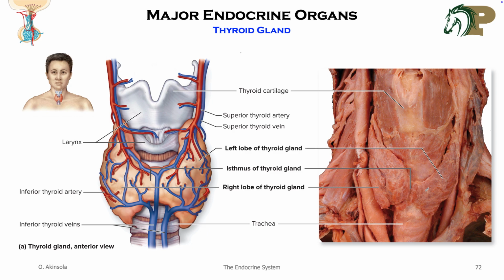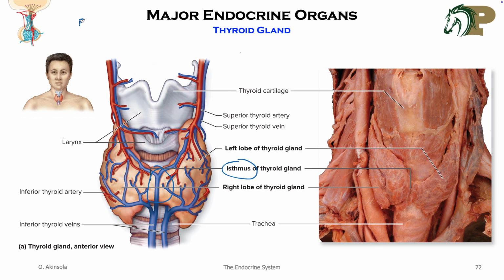So here we see more, just a close-up of anatomy here for the thyroid. Again, we have the isthmus, that central band of tissue right there.